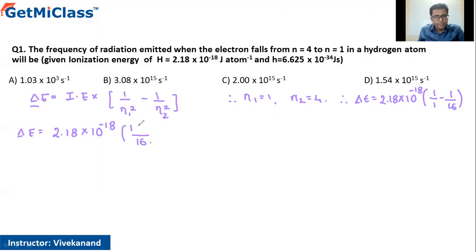So 16 minus 1, we will get 15. Thus, we can write the change in the energy as, when we have this particular value, it would turn out to be around 2.04. To be much more precise, it is going to be 2.043 × 10^-18.